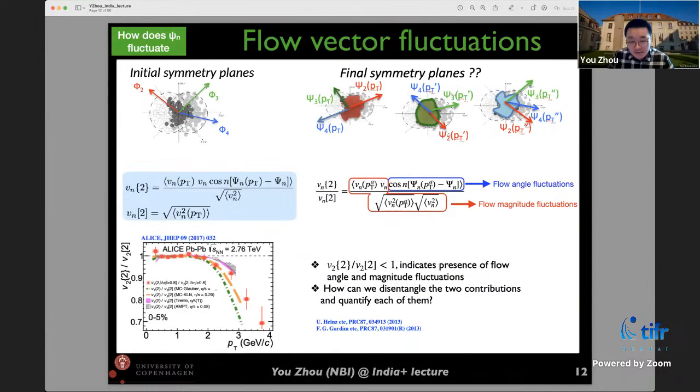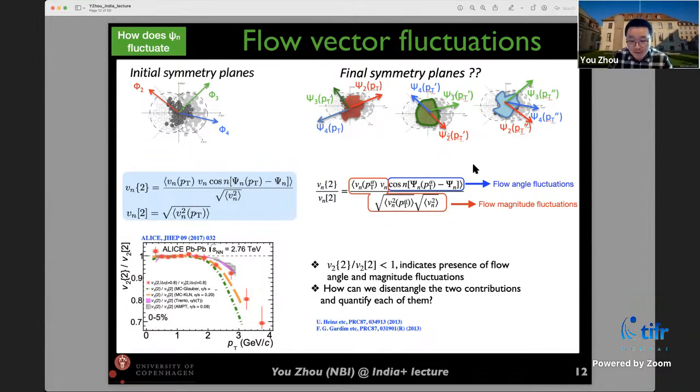And then we also have the fluctuation of the flow symmetry plane. So psi n has been used for most of the calculations if you want to get the Vn. However, we realize that the initial participant plane will be converted to a different flow symmetry plane depending on the kinematics. So for low pT and high pT, the flow symmetry plane might be different.